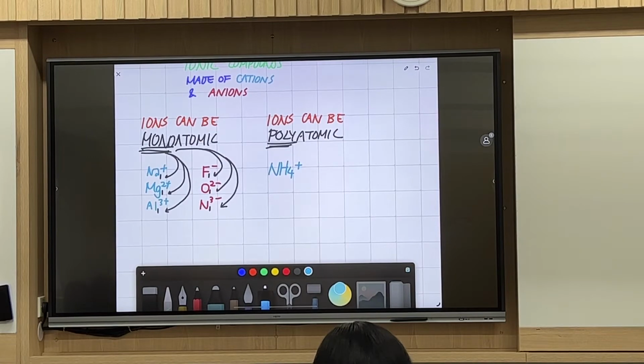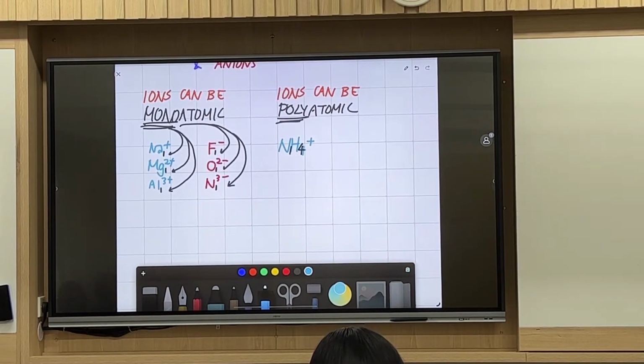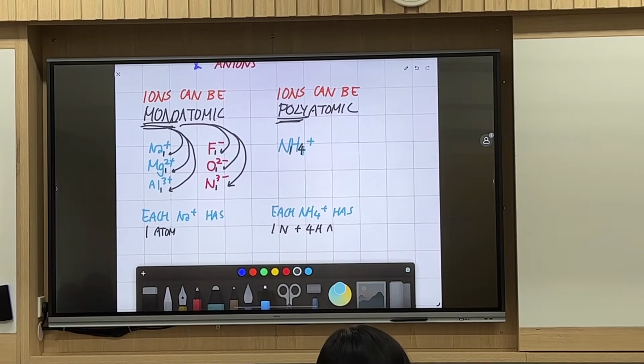There's 1 N and there's 4 H's, right? So can you put down a description below? Each Na+ has 1 atom, therefore monoatomic. But in here, each NH4+ has 1 N plus 4 H atoms. That's what the numbers 1 and 4 suggest. So that gives a total of 5 atoms per ammonium ion.